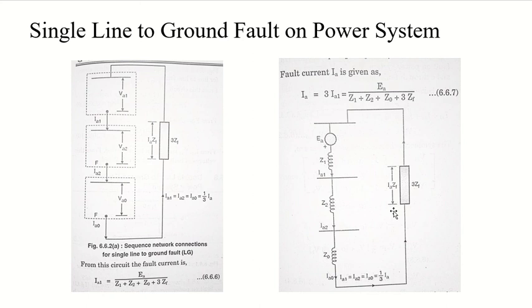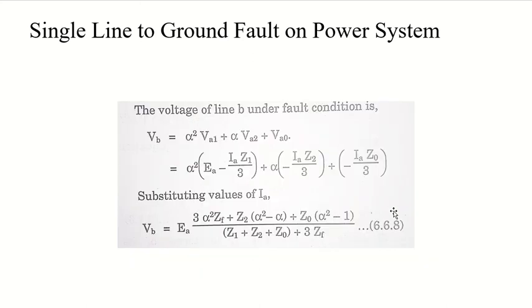By doing that, your formula for VB will look something like this: VB is equal to alpha square VA1 plus alpha VA2 plus VA0. And you know the values of VA1, VA2 and VA0 from the previous lecture, so you will substitute those values and you will be able to find the value of VB.